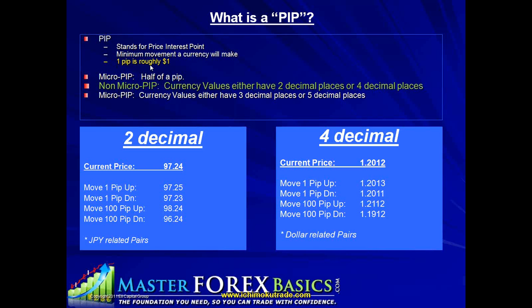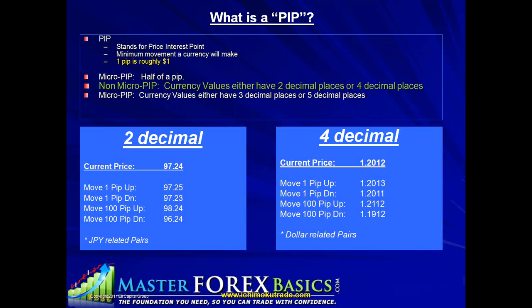Sometimes it could be 98 cents, it could be $1, it could be $1.03 and so forth. But the way I always look at it is 1 pip is roughly $1. That's the best way to visualize it. If you go with that assumption, you're going to be fine. Is everyone okay with that?